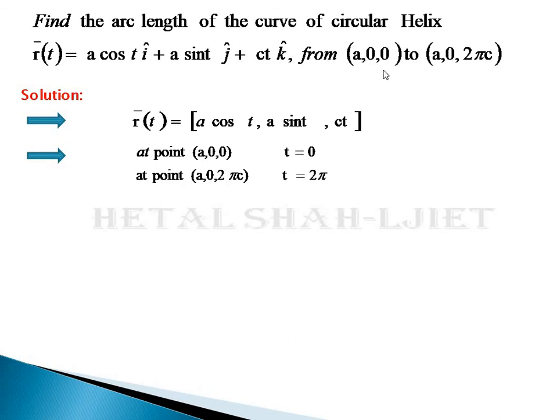At the starting point a, 0, 0 and the end point a, 0, 2 pi c, when we replace in the form of t, our boundary is 0 to 2 pi. Okay, so this is our position vector. This is the derivative of our position vector, that is minus a sin t, a cos t, c.